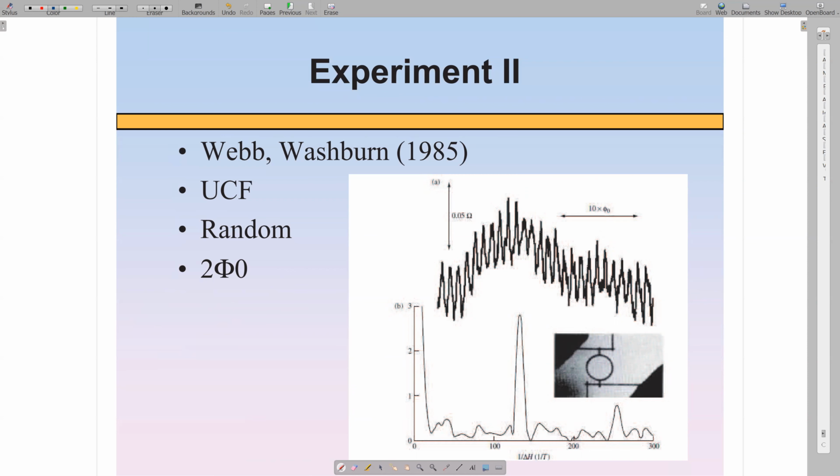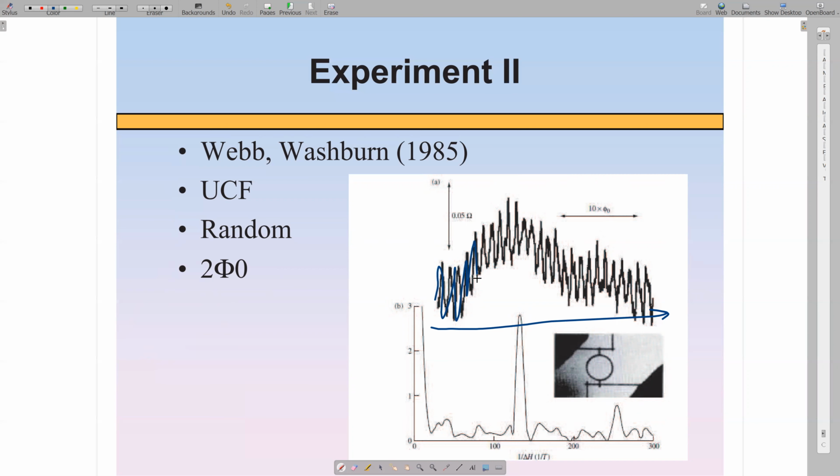Right. And they do the same. They measure the resistance as a function of magnetic field. What they see is a very, very random signal, which you might regard as just electric noise. But it was completely reproducible.